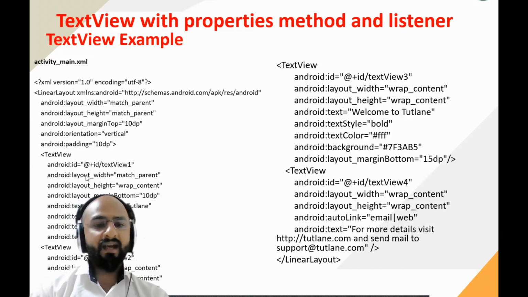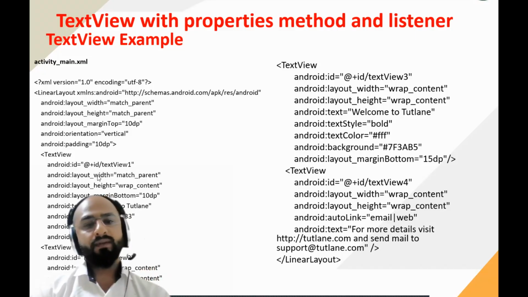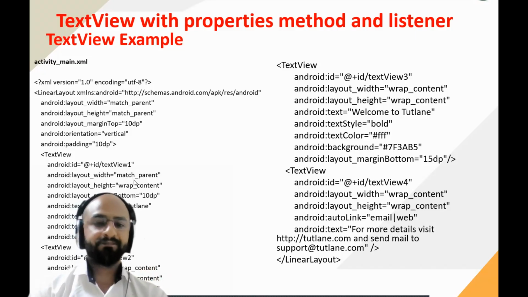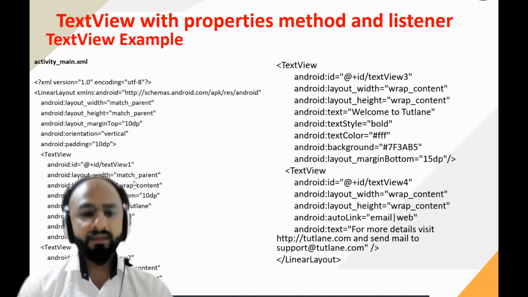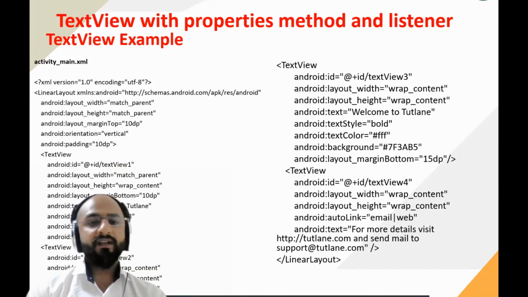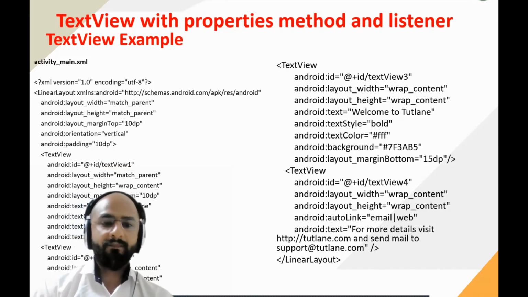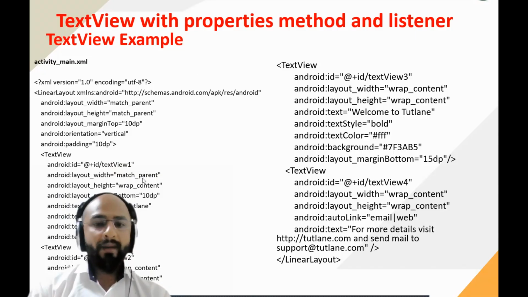Then you can see there is a property named layout_width. So this layout_width property is used to set the width of the text view. Here I have written match parent. Now I am just telling you what is the difference between match parent and wrap content. Okay. So match parent is what?